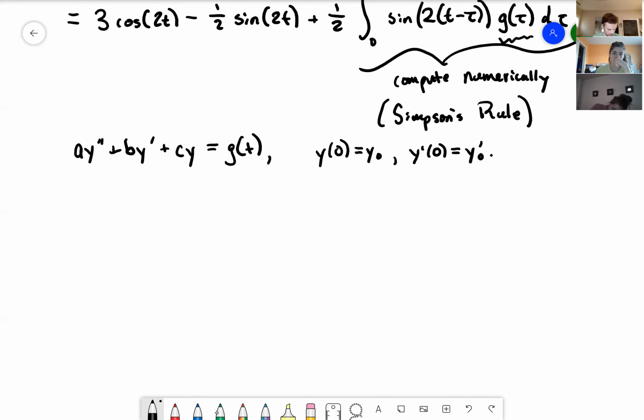Now, if we take the Laplace transform of this, we could very easily derive a complete formula for what capital Y is.